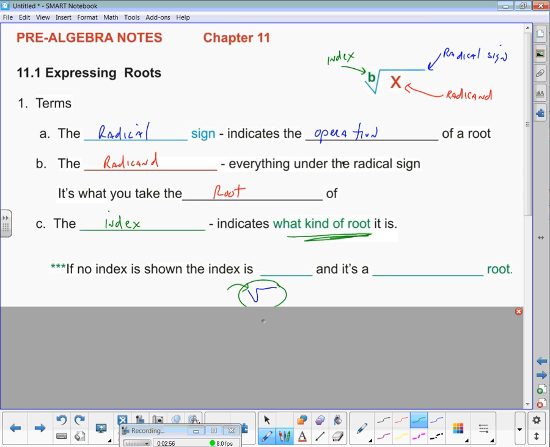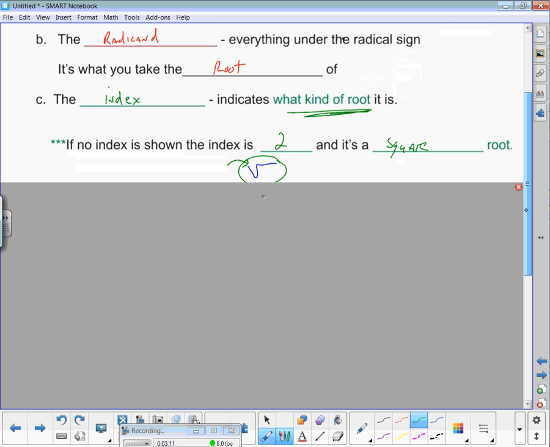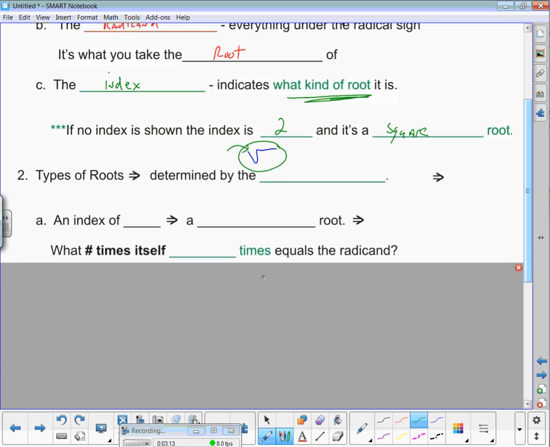And what is the index of a square root? It is 2. So when no index is shown, the index is actually 2, and of course, it's a square root. All right, some terminology. It's important that you know that because as we reference some of these things, you need to understand what they are so it makes sense to you.